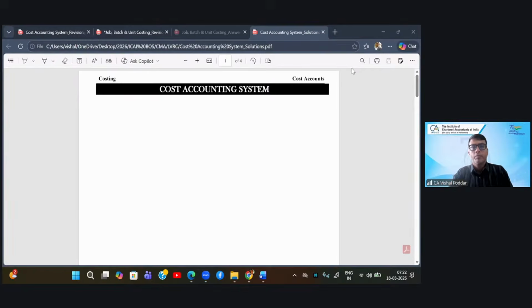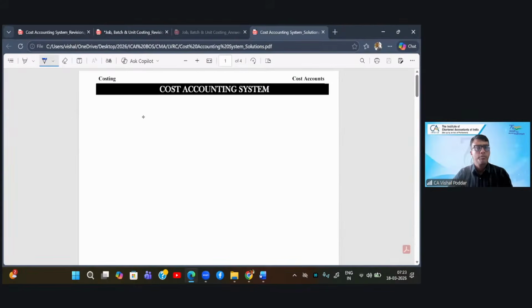And secondly, because there is a change in the names with which we may not be comfortable. So in first 10 minutes, I would like to revise the cost accounting part so that once the names, the accounts, the entries are clear, then we can take it up with practical sums.